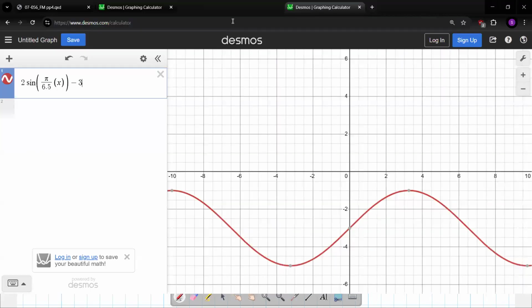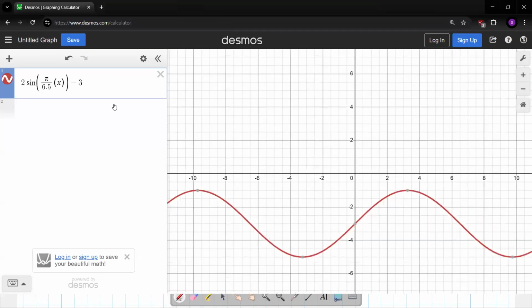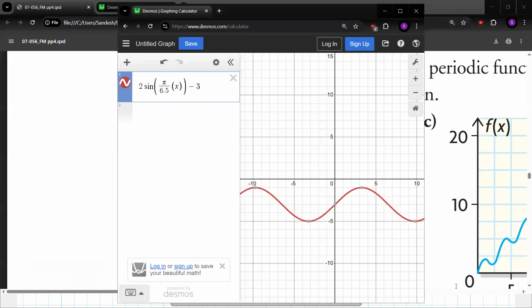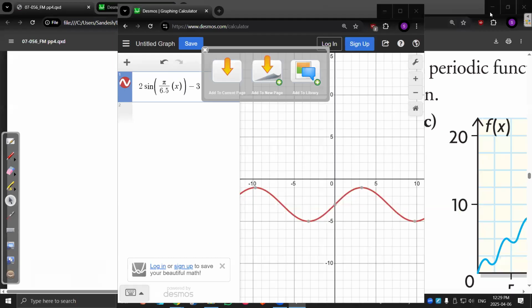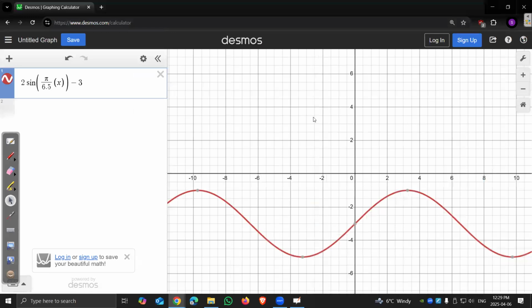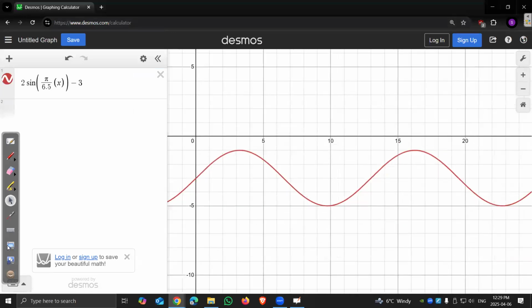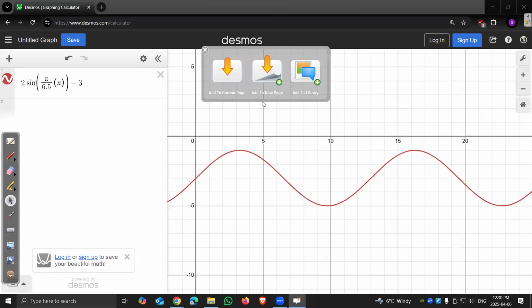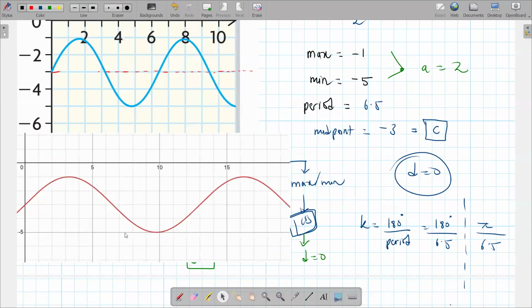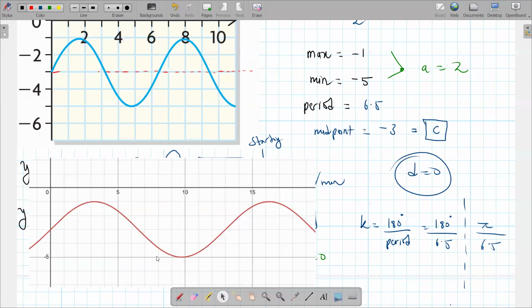And here's what we get. So the only thing I changed was the pi into 180. Does that look like that? It does not. Does it?